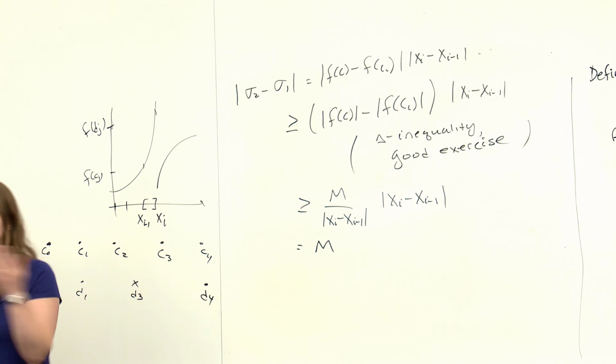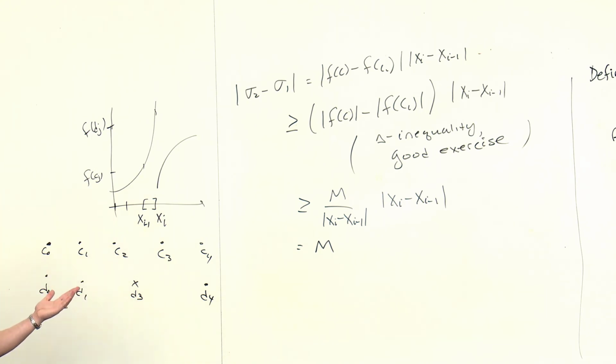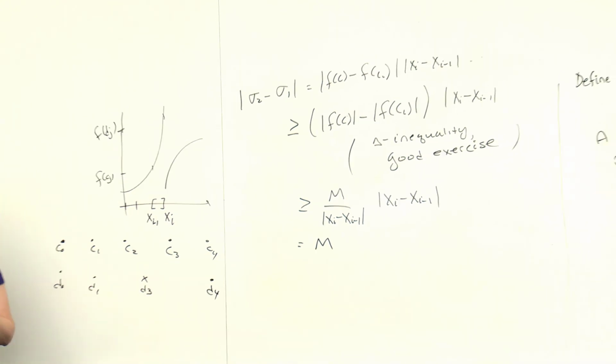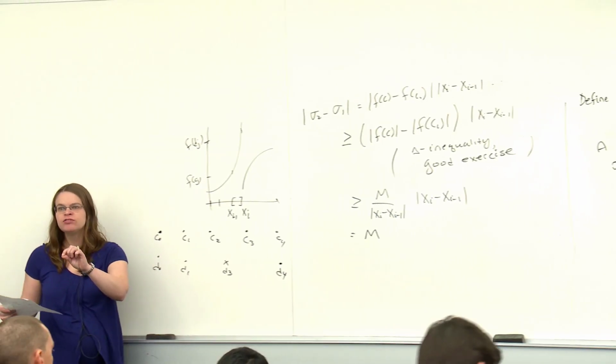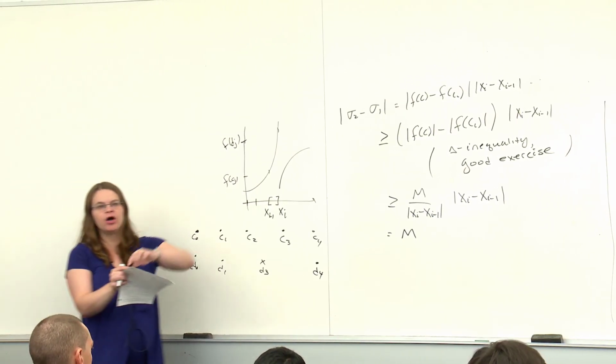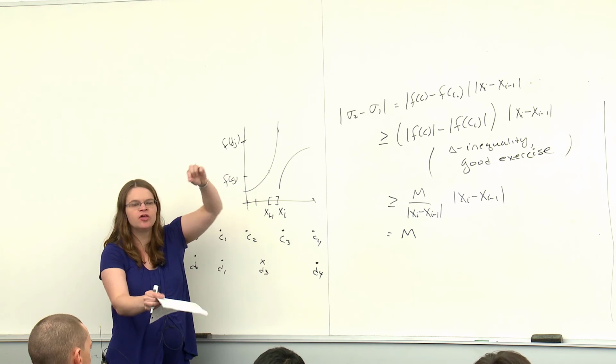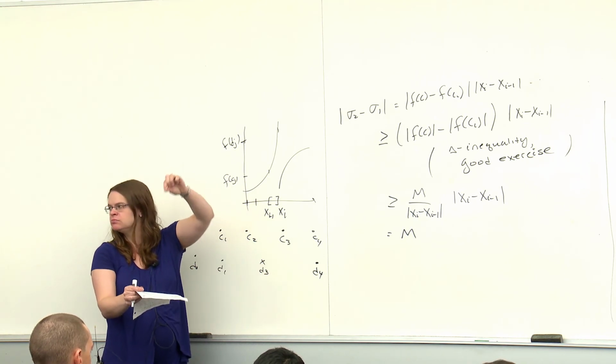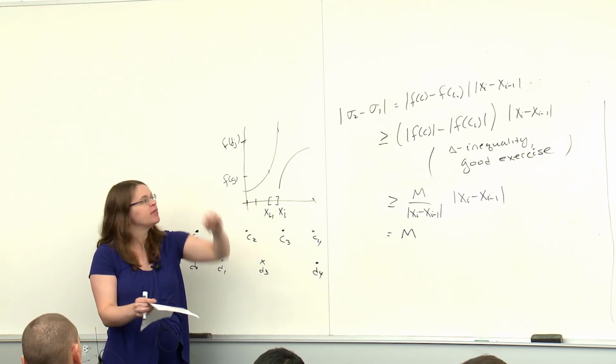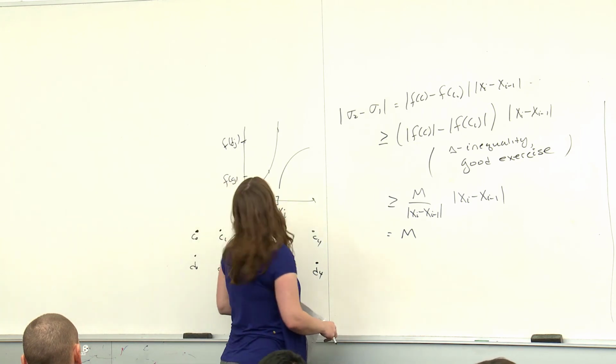So now we're there, right? Our goal was to say that no matter how tiny this partition is, no matter how much we refine it, we can always find two Riemann sums that are different from each other by an amount m that's fixed. And that means it's the same picture that we had before.